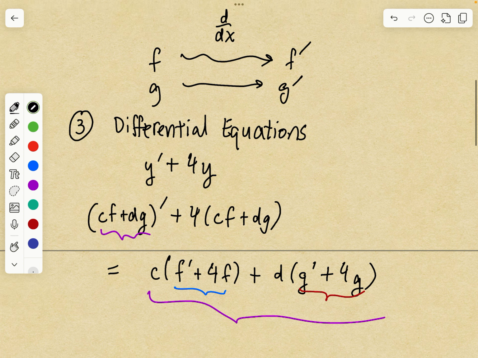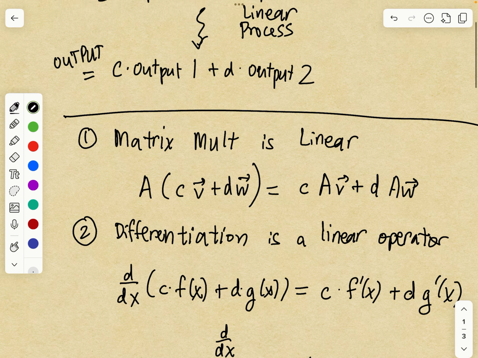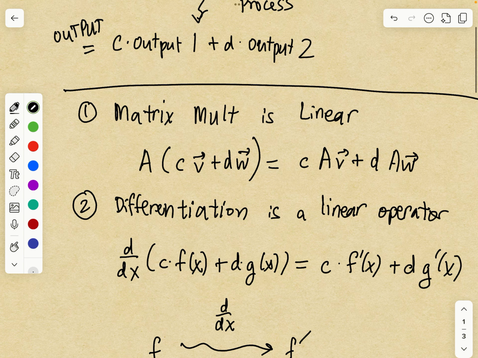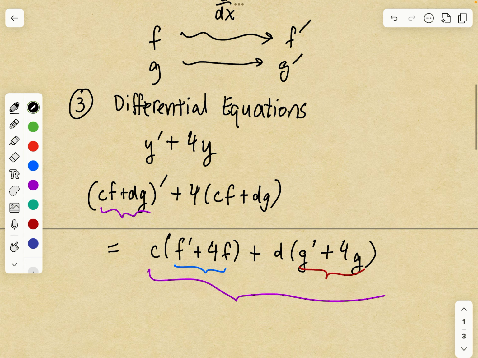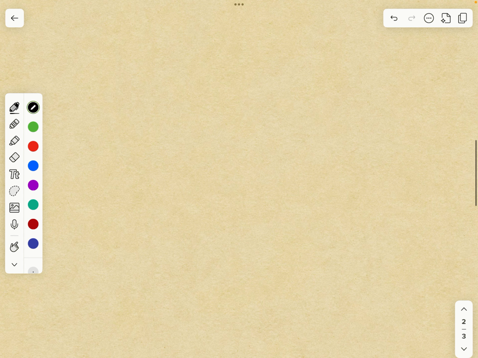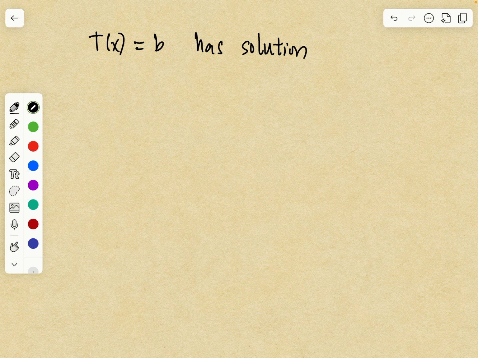And because these three are different scenarios, but they all have linearity, the consequences you get from the linearity apply to all three different scenarios. So, for instance, whenever you have a linear operator, the solutions to Tx equals b have the form xp, a particular solution, plus xh, the homogeneous solution.